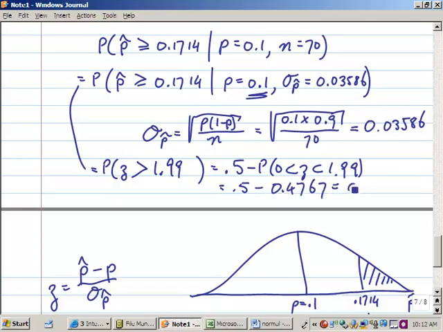Subtract from a half, and that'll leave us with 0.0233, I believe.